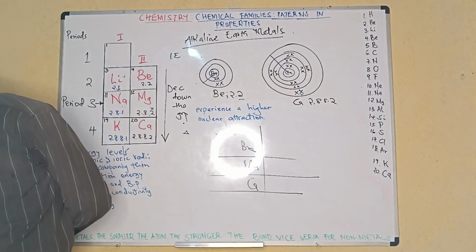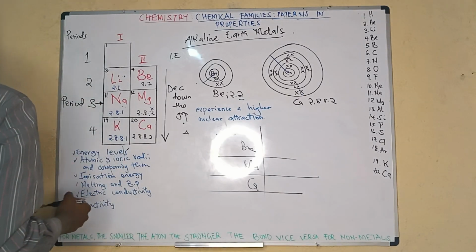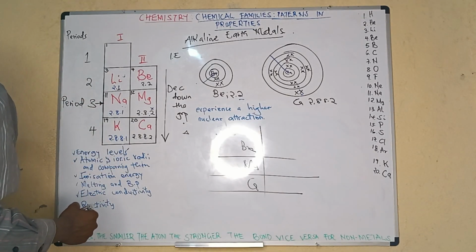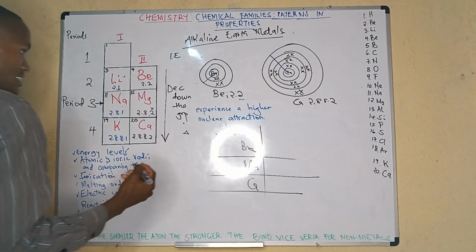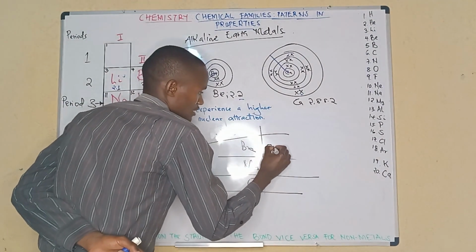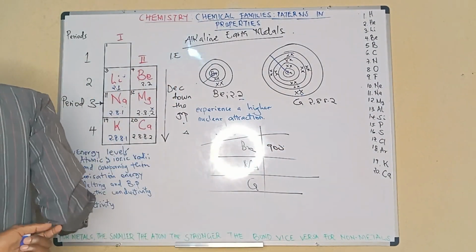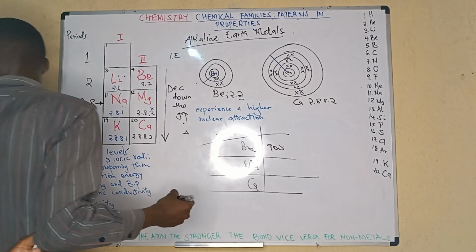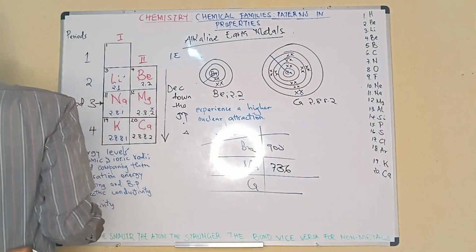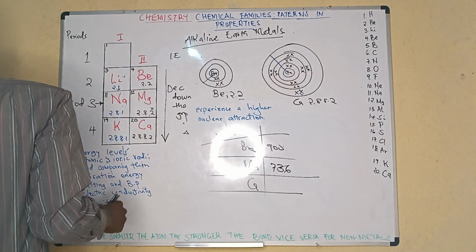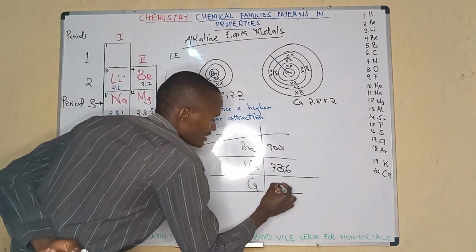Ionization energy for beryllium, the first one is 900. First ionization energy 900 for beryllium. We have magnesium is 736, and then we have calcium is 590.